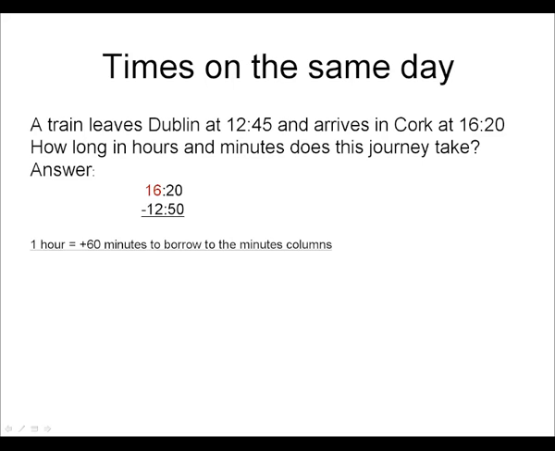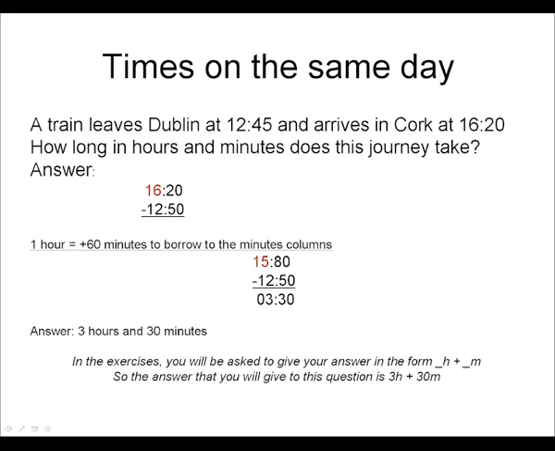Please remember that when you take an hour from the hours column, you're adding 60 minutes to the minutes column, not 10 minutes. So you don't get 120, you're adding 60 minutes, which gives us 80 minutes in the minutes column. So 16 hours and 20 minutes becomes 15 hours and 80 minutes. We subtract 12:45, a straightforward subtraction, to give us an answer of 3 hours and 35 minutes.